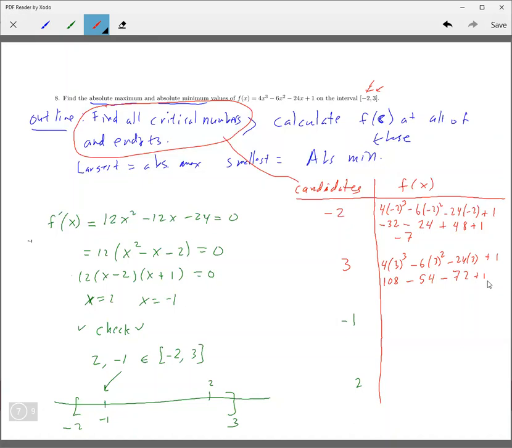Okay, so 108 minus 54. Okay, that gives us negative 17.